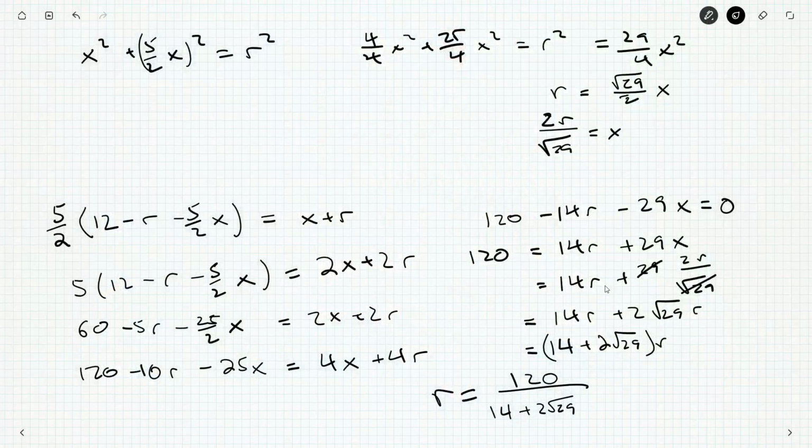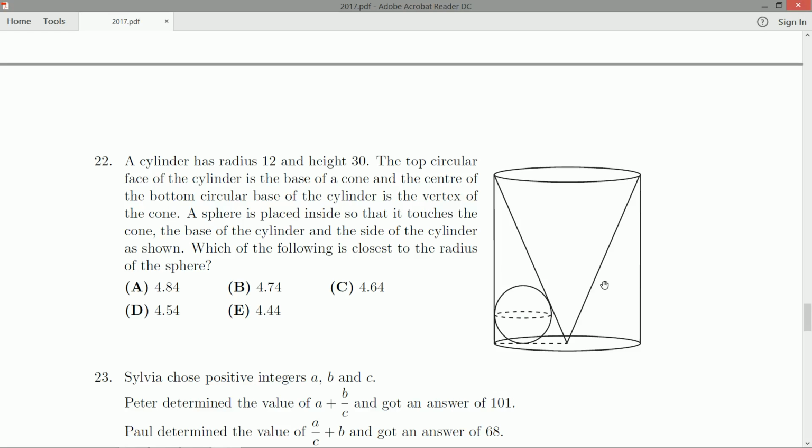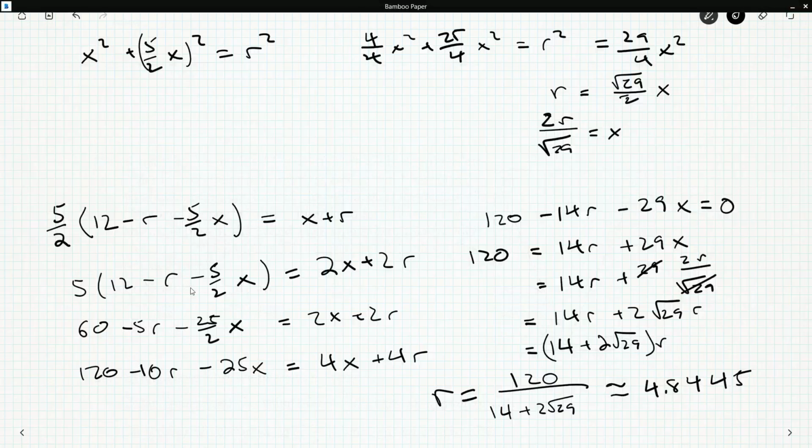So this is approximately 4.84. Did they have 2 decimal places or just 1 in the question? 2 decimal places, and I'm getting that it's 4.84, so A will be my answer.